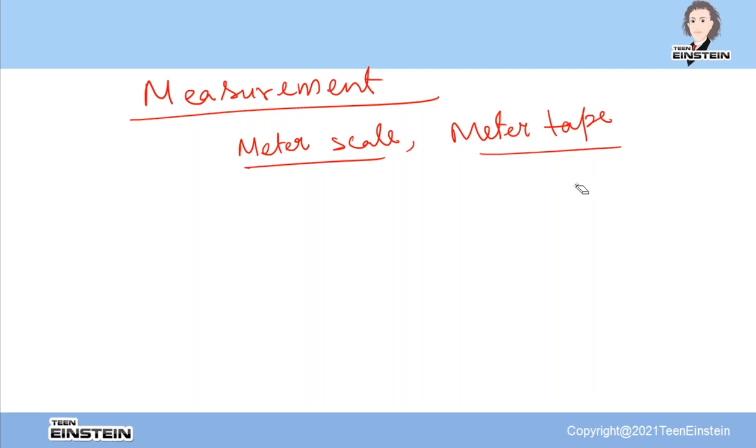Similarly, when we want to measure 10 to the power minus 4 meter, which is 0.0001 meter, a very small distance, how do we measure this?